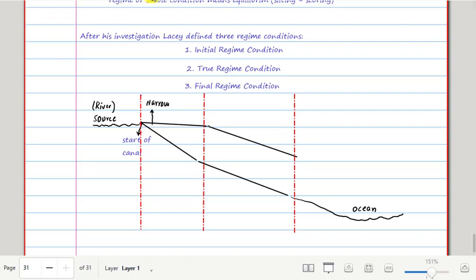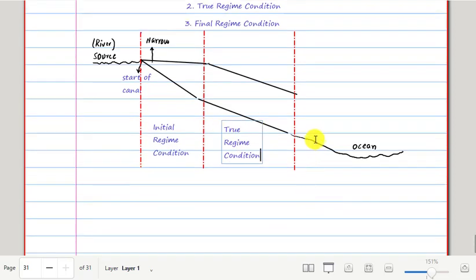The first phase he called the initial regime or stable phase of canal, the second he called the true regime condition, and the third phase he called the final regime condition before falling into the ocean. Okay.